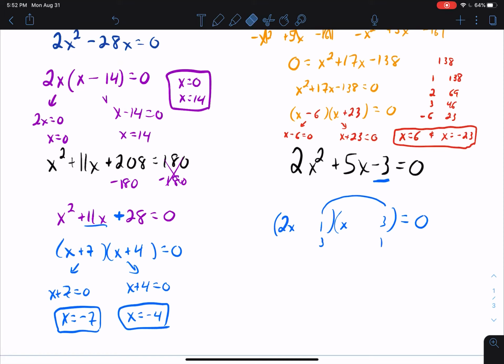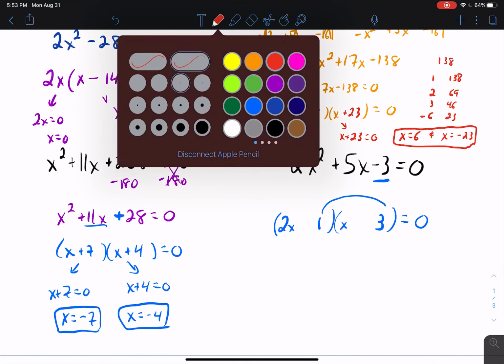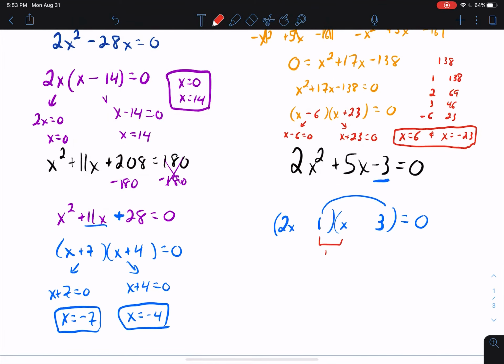All right, so first off, this is our guess and check method. I'm going to try 1 with the 2x and 3 with the x. Now to check this, I'm going to do inners and outers. Is there any way my inners and my outers, when I combine them, 1x and 6x, that I can get positive 5x? Yes. If the 1x is negative and the 6x is positive.